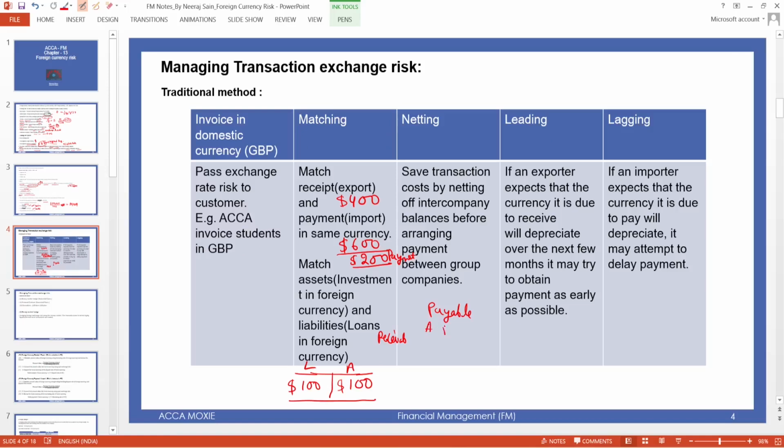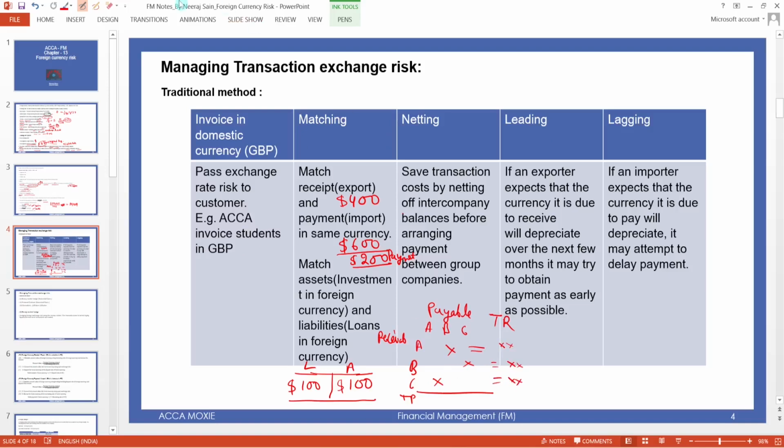Okay, A, B, C, A, B, C. You will do total receivable, total payable. Okay, you add them, you add this, and you write here, you add this, you write here, add this, you write here.